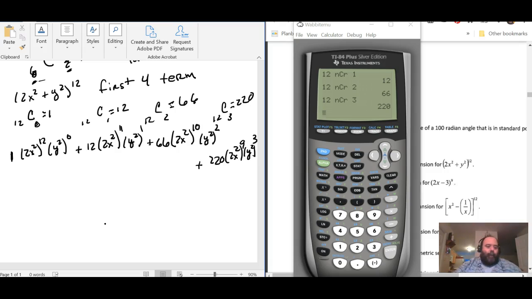Okay, so let's see. I need to know what 2 to the 12th is here. 2 to the 12th is 4096, and then we're going to multiply that by 1, so that's just going to be 4096 x to the 24th. 2 times 12 is 24. Y to the 0 is just 1, so that's the first term.